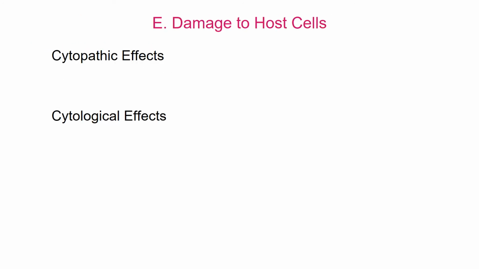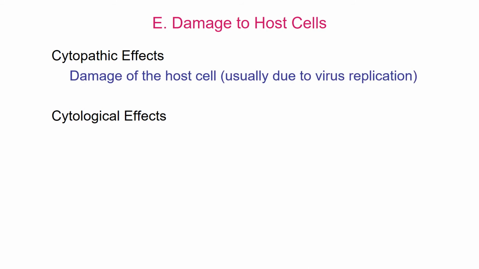Okay, so part E is damage to host cells. This is where we're actually causing disease in many cases, meaning the organism isn't just infecting you or colonizing you, but it's actually causing some sort of pathology, some sort of damage. So we're going to distinguish between cytopathic effects and cytological effects. Cytopathic effects means damage to the host cell. So it means the virus, for example, is actually destroying host cells.